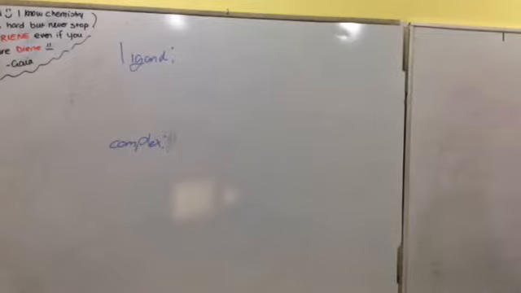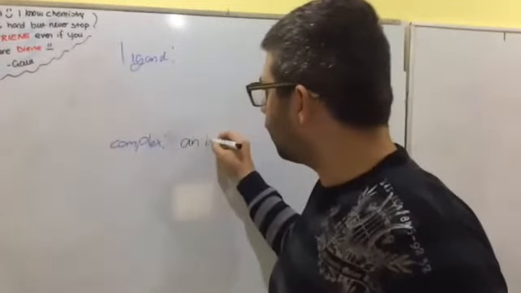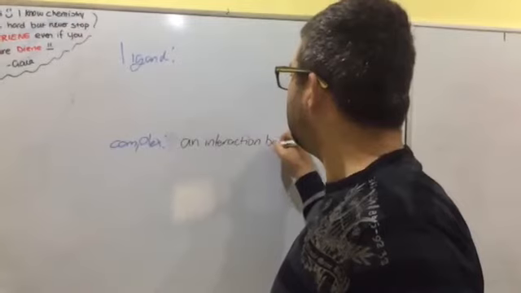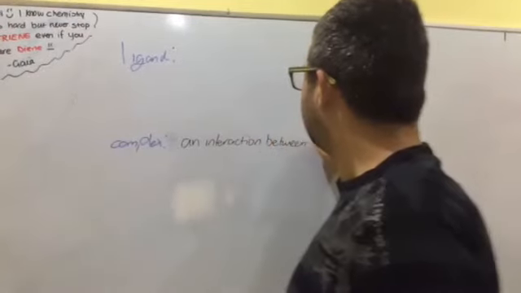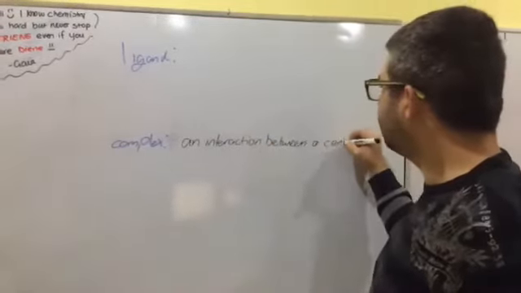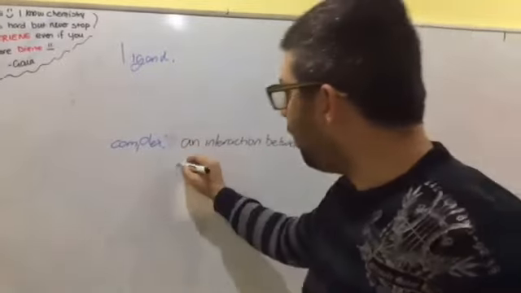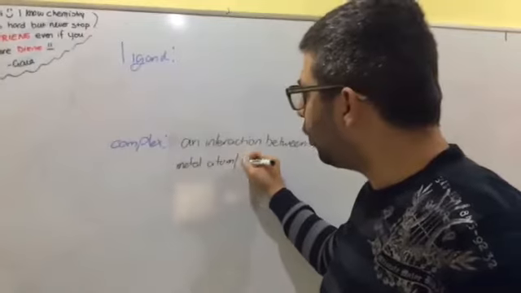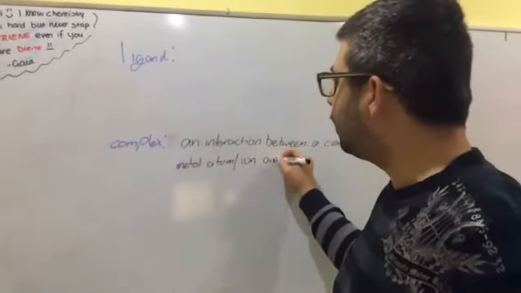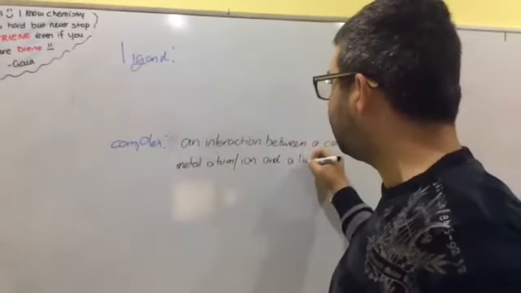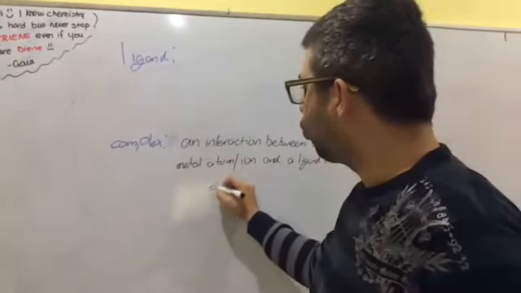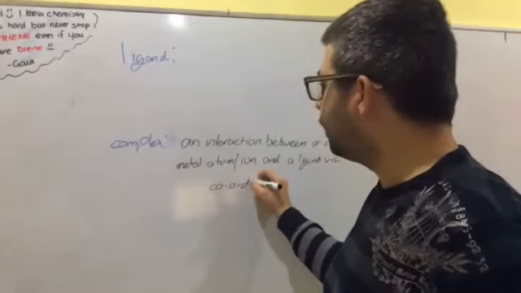And it's an interaction between a central metal atom or ion and a ligand via coordinate bonds.